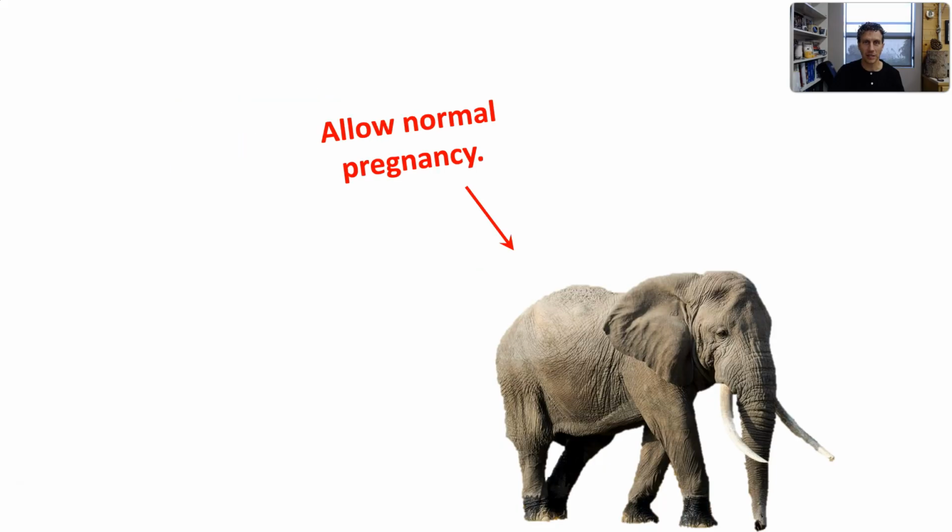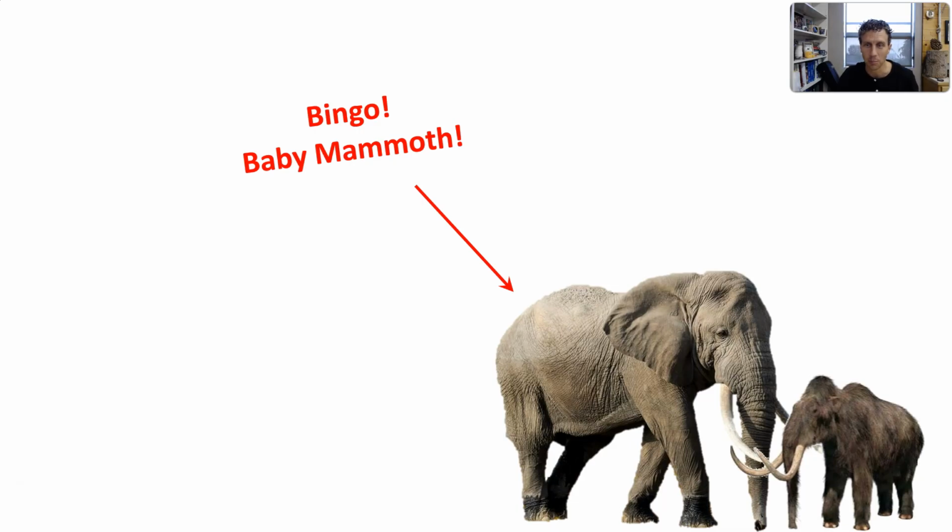Allow normal pregnancy, and of course we'd want to find a similar species, right? We're going to use an elephant, not a squirrel. The elephant would be able to handle it. Boom! Baby mammoth. What a happy family. That is the idea with cloning extinct species. Have we ever done this?